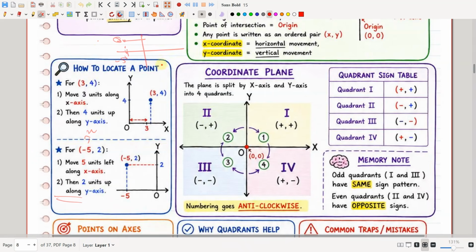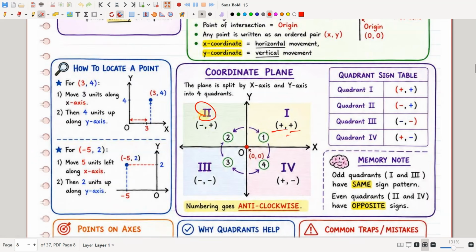Okay, so the coordinate plane is split into 4 quadrants. This is what we call the first quadrant, where we have plus comma plus values. This is the second quadrant, where we have minus and plus values. This is the third quadrant, where both values are negative. And this is the fourth quadrant, where x is positive and y is negative.